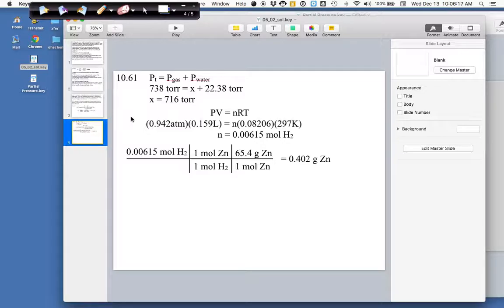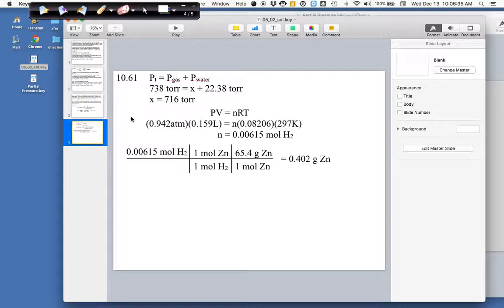And this will then allow us to calculate number of moles, because the pressure is 716 converted to atmospheres, divided by 760. The volume was given in milliliters, convert to liters. We're solving for moles. R is a constant. It gave us the temperature. Just solve for the number of moles.